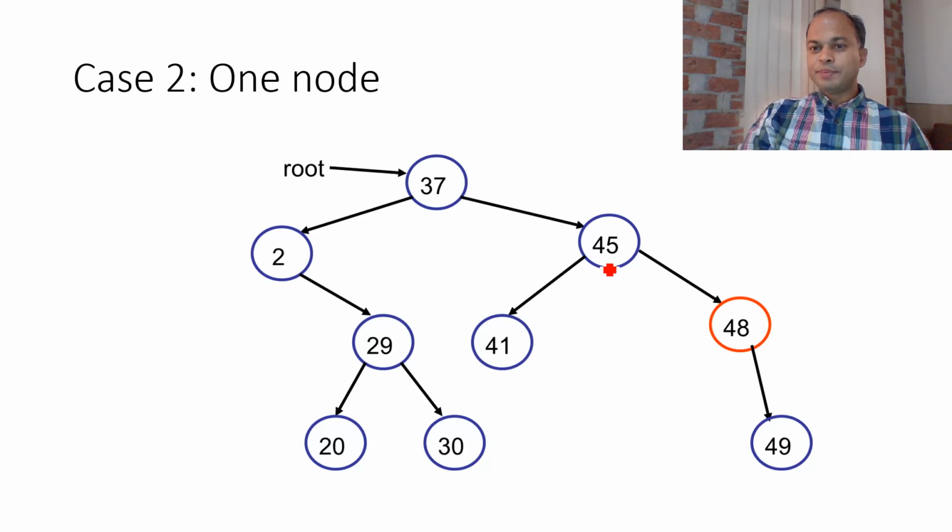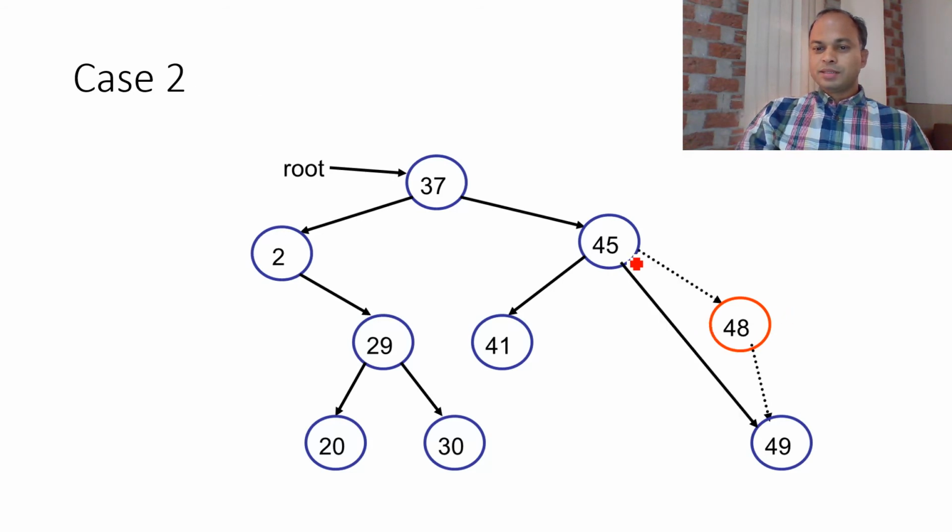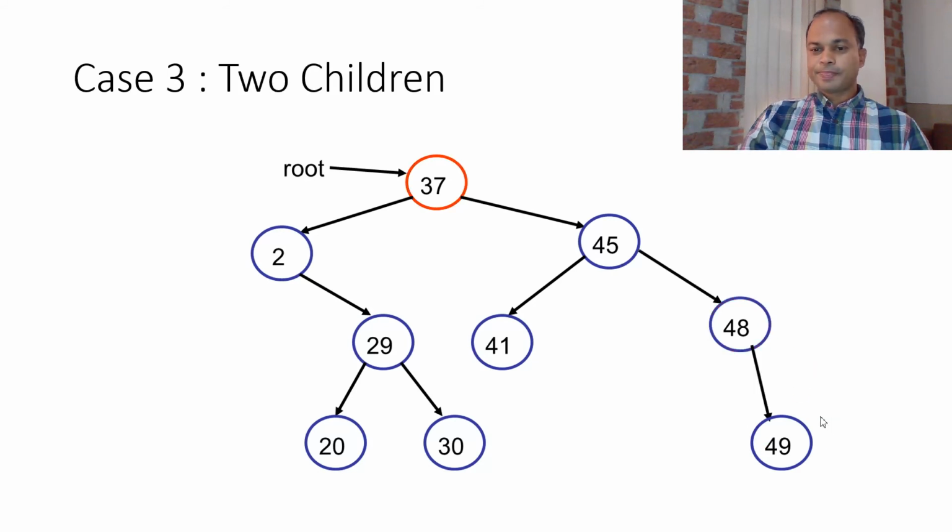I mean 45 points to 49 and delete 48. 45 is the parent of 48 and 49 is the child of 48. In this way, we have deleted.